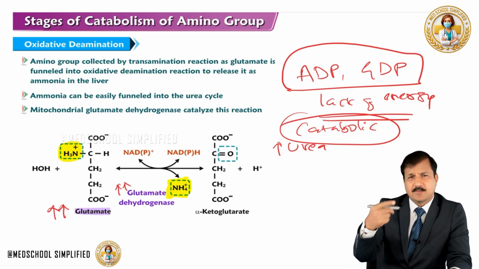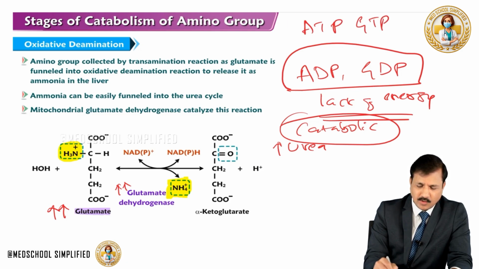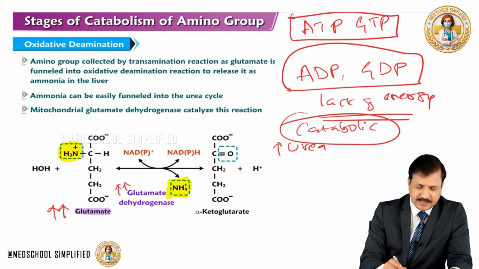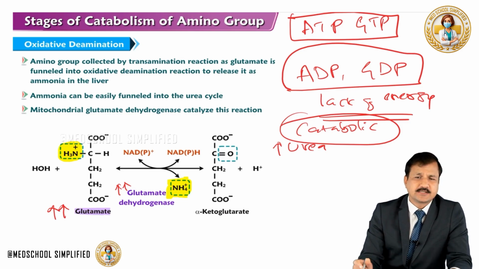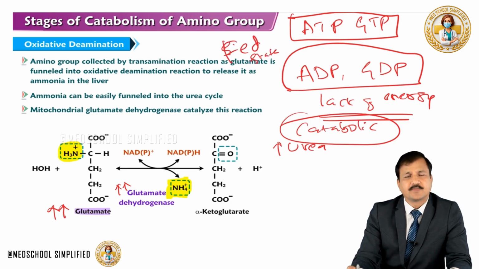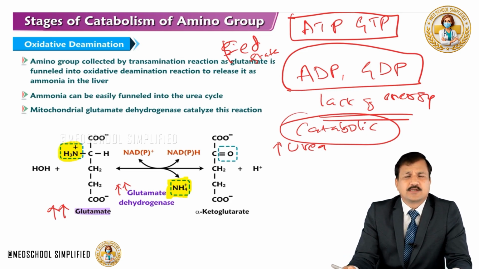Now let's look at the opposite condition. When the cellular levels of ATP and GTP are higher, that means a higher energy status, like a fed condition. If the person is in the fed state, basically there is no catabolism going on.